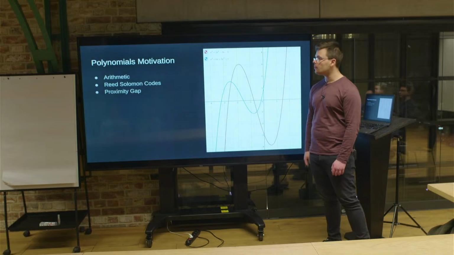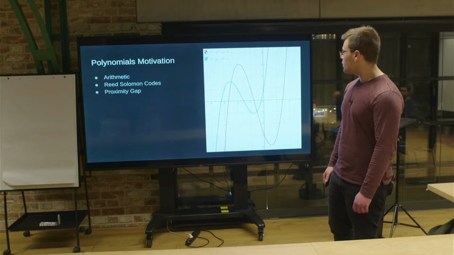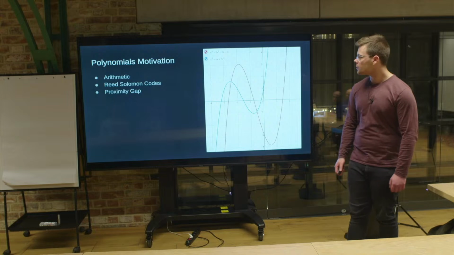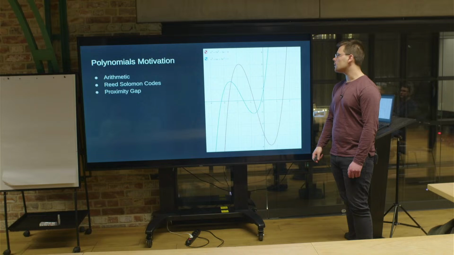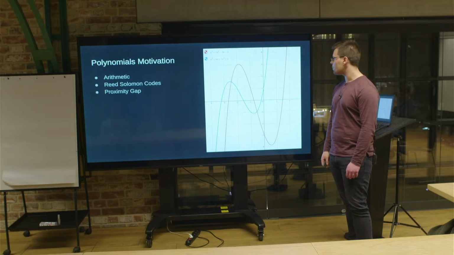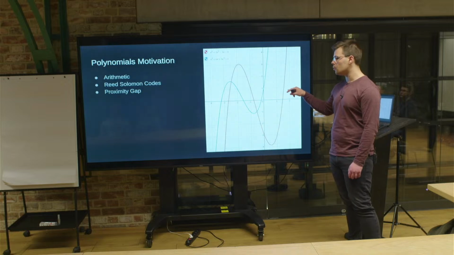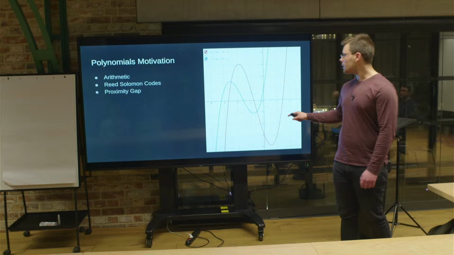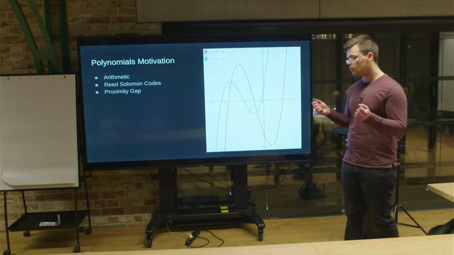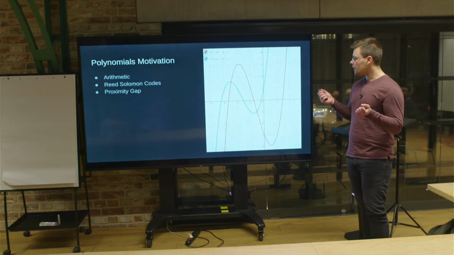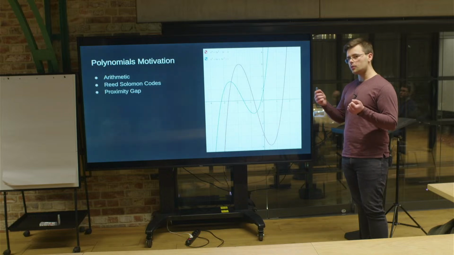Also, polynomials exhibit something called the proximity gap, and the proximity gap of polynomials can be explained with a simple example. We've got two completely arbitrary polynomials, and what we can see here is that those polynomials cross in 2 points only. So the proximity gap is something like this. When you've got two polynomials, the number of points where they are gonna cross each other is finite.